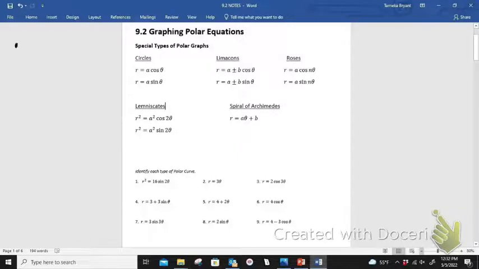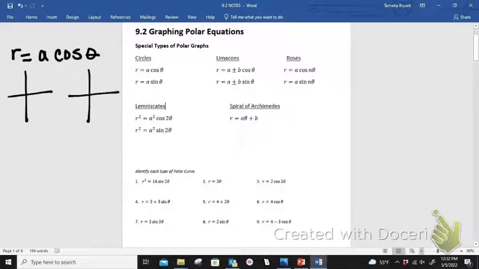If it's cosine, it's going to hug the x-axis. So it's either going to look like this or it's going to look like this. That's what your circle graphs are going to look like.